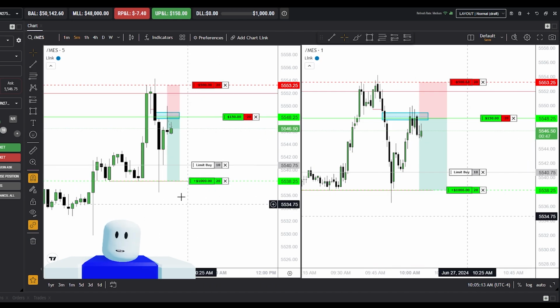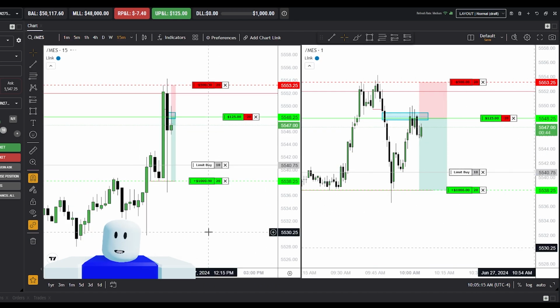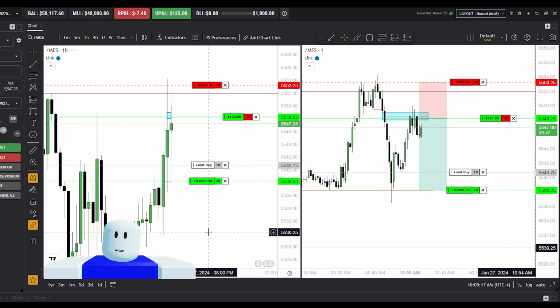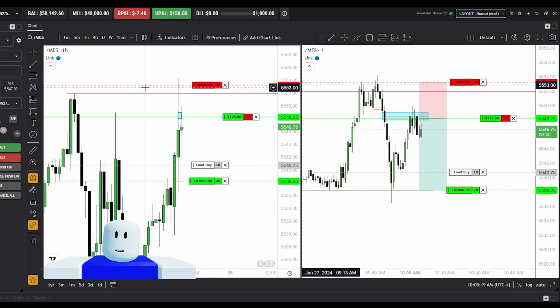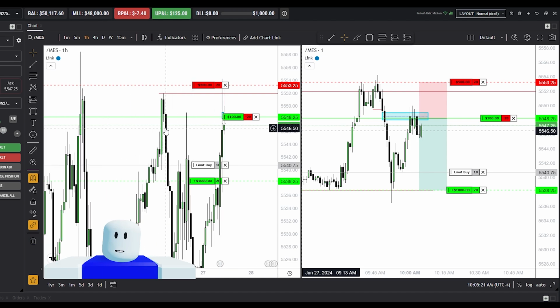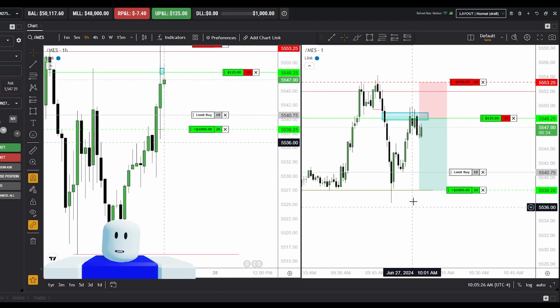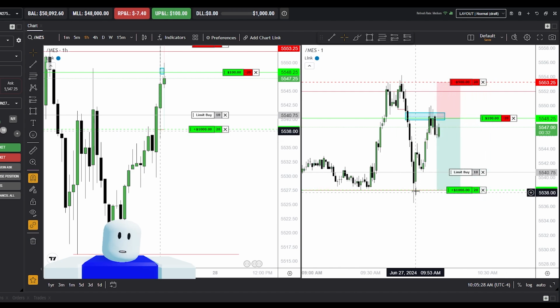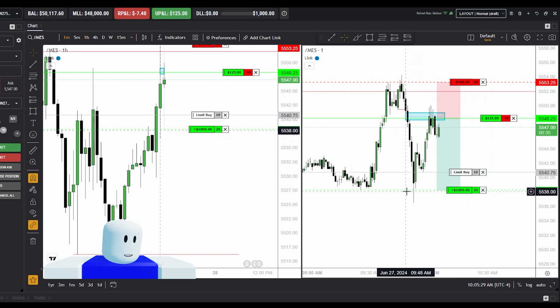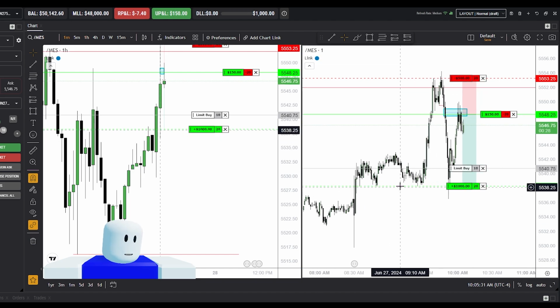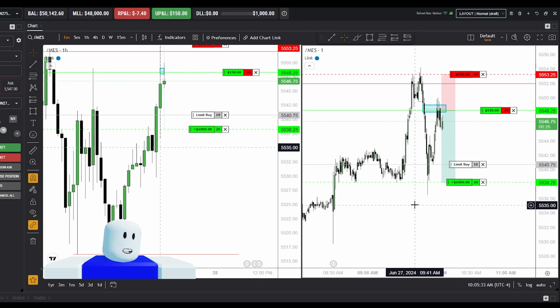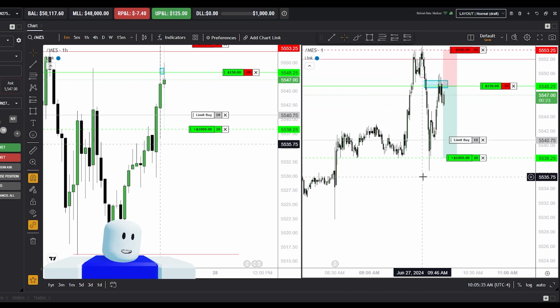Now it has respected this 5-minute fair value gap, but keep in mind we just took out buy side liquidity, and I believe that these resting equal lows down here. Wait, were they taken out? Am I crazy? Wait, these resting equal lows were taken out? What? I did not think they were taken out.